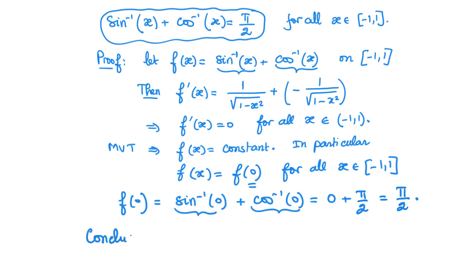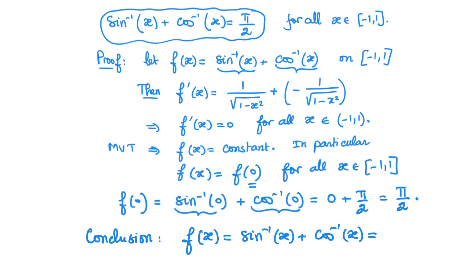Therefore, the conclusion from all of this is that our function, which is sine -1 x plus cosine -1 x, is equal to pi over 2 for all values of x in the interval -1, 1.